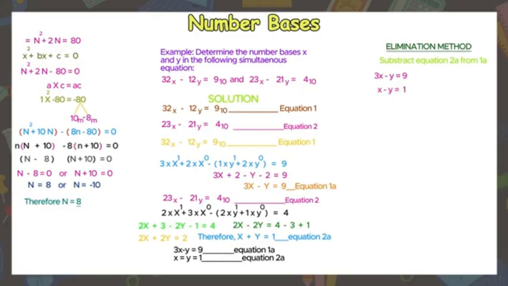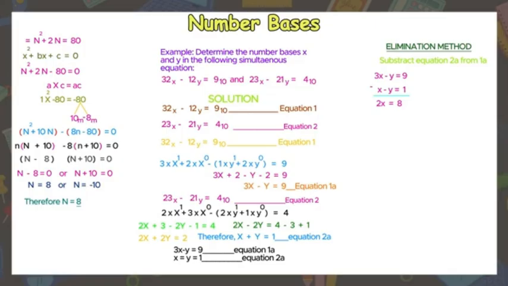Now, what is the interpretation of this? You are subtracting equation 2 from 1. So minus here. 1 minus 9 will give us 8. Then minus y minus y, that means it will give us minus y, minus times minus, plus y.